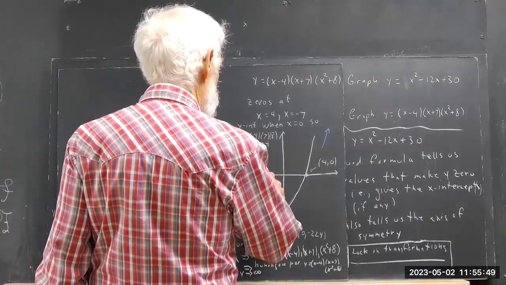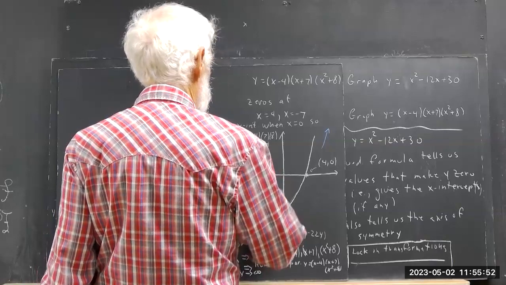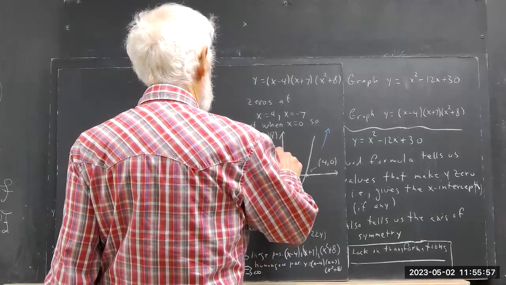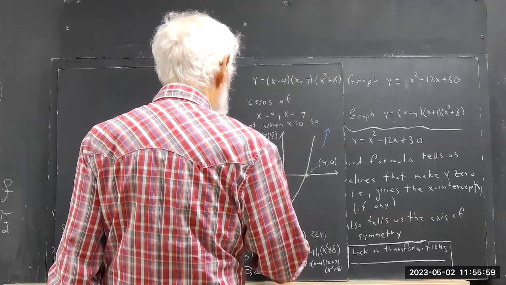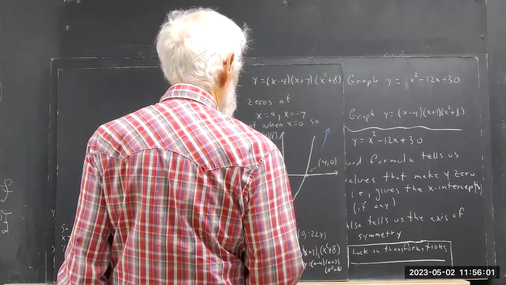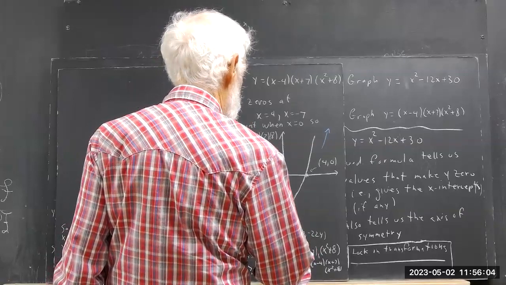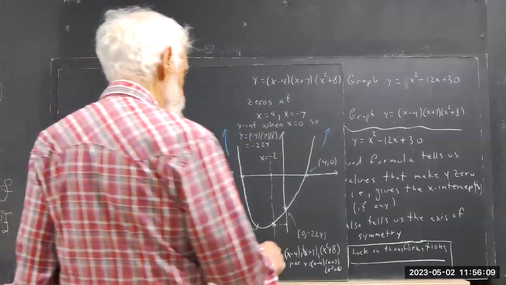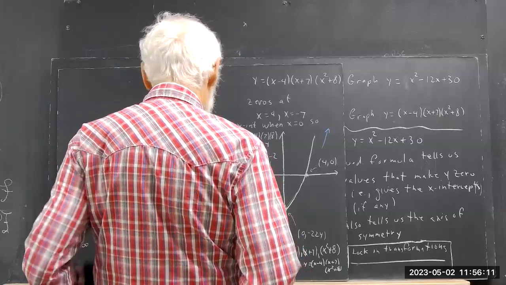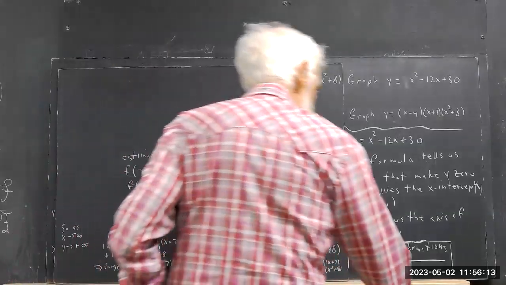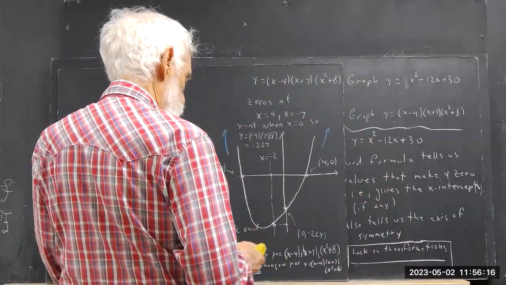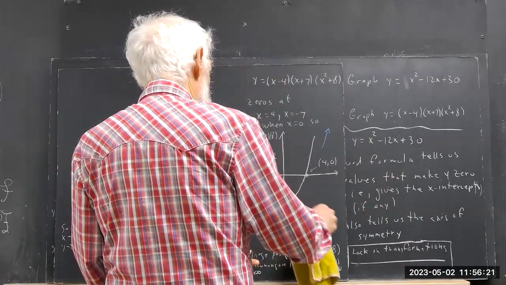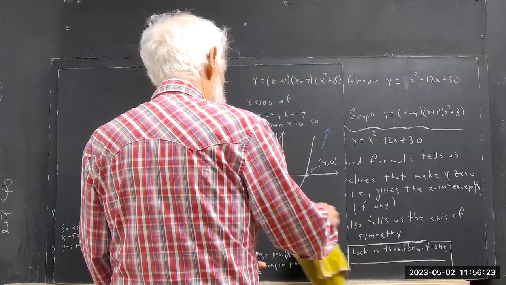If -7 is here, -2 is probably about here. Here's the line x equals -2. Here's the point on the graph where x equals -2. And here is f of -2. Now, this labeling is kind of in the way of what I'm going to label now, that's inevitable.